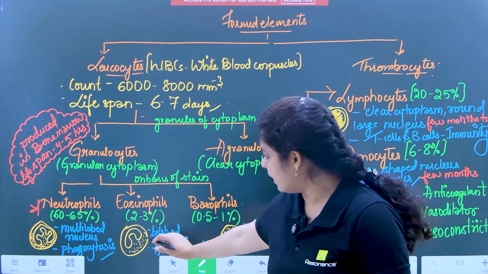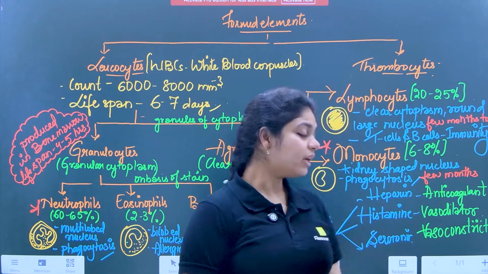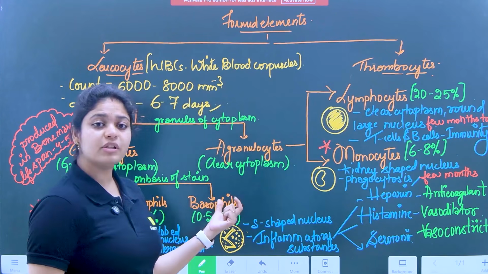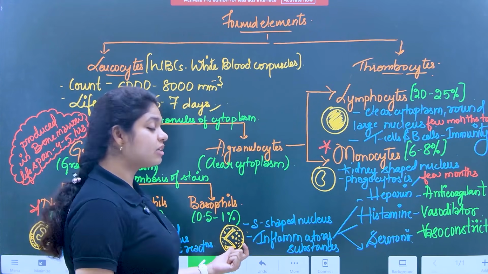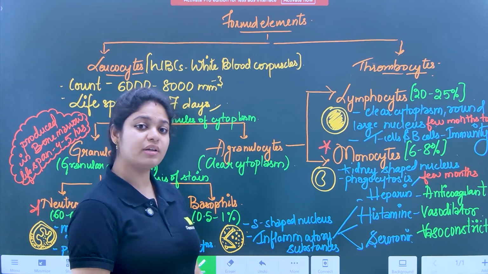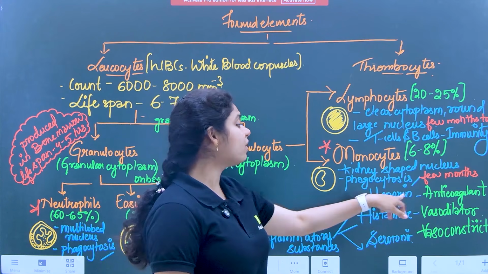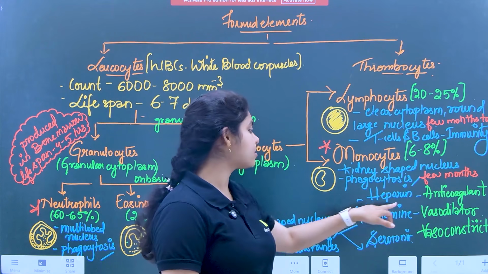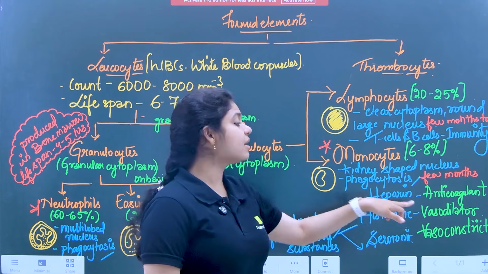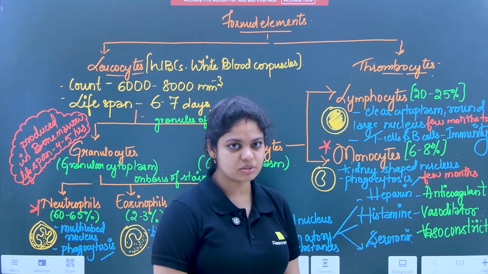Only two lobes will be there, 1 and 2. Last but not the least, basophils are 0.5 to 1 percentage, with an S-shaped nucleus, and they help in the production of inflammatory substances like heparin, responsible for anticoagulation, histamine for vasodilation, and serotonin, which is a vasoconstrictor.